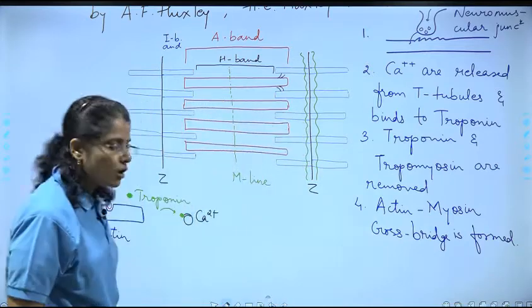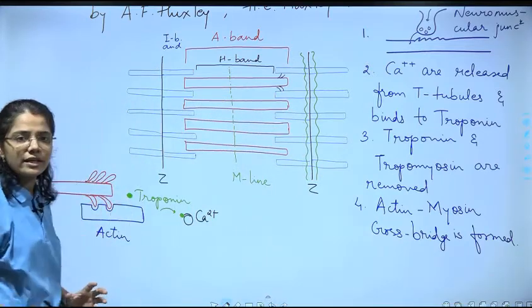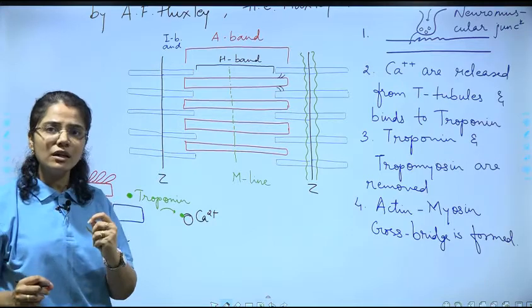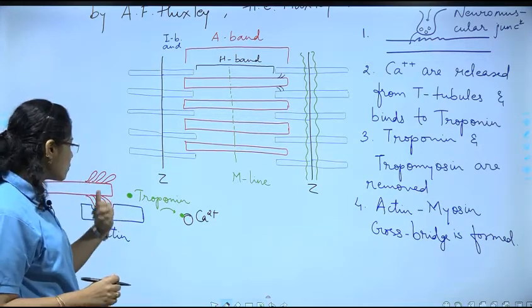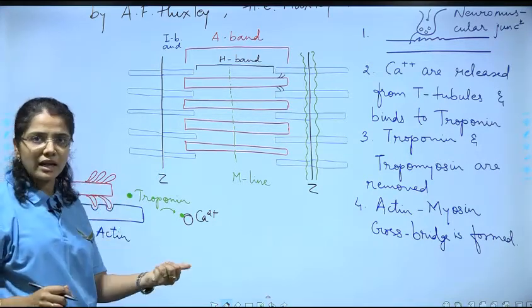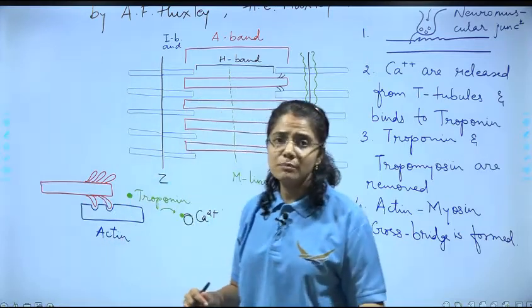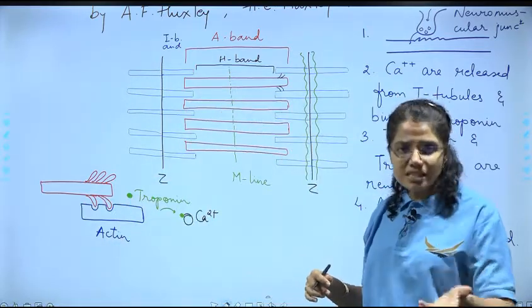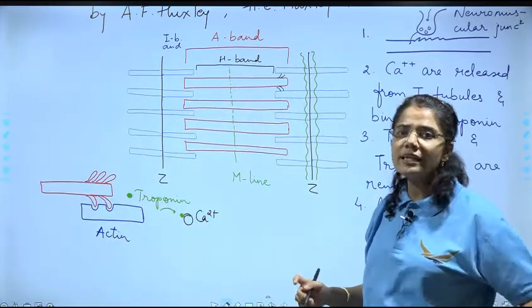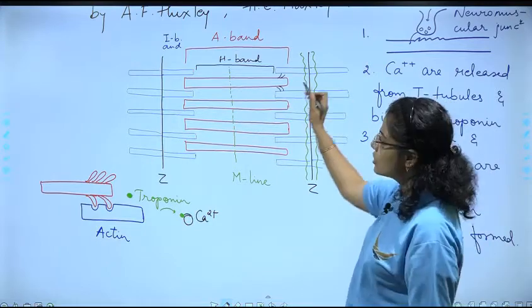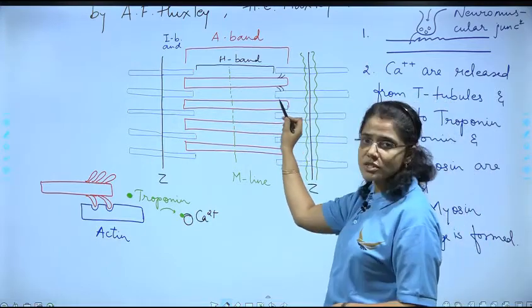Correct. And for this to happen, ATP gets hydrolyzed because we know that this myosin head acts as ATPase. So one ATP gets hydrolyzed. So this is how you can see the cross bridge is formed.